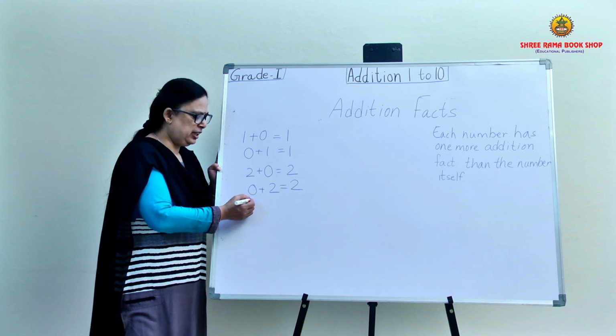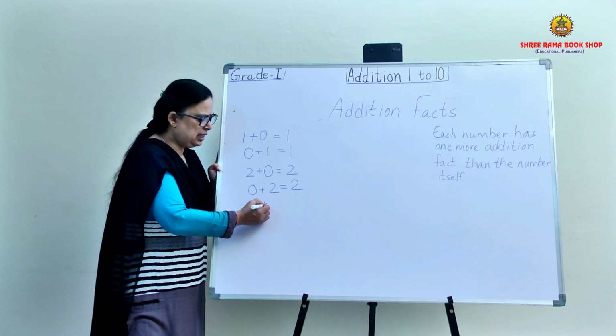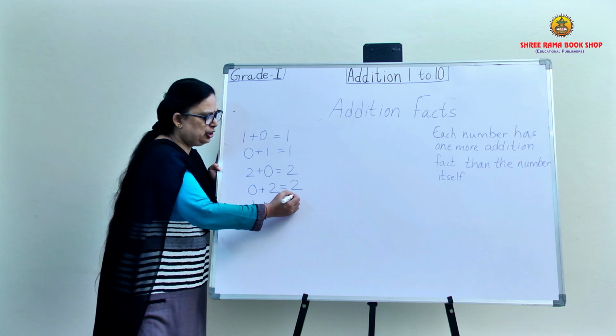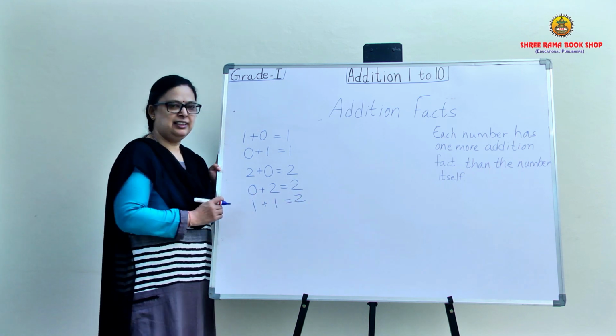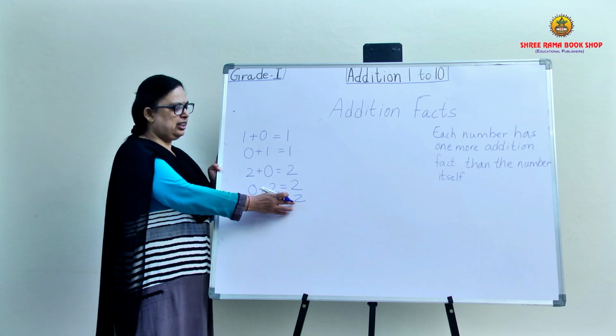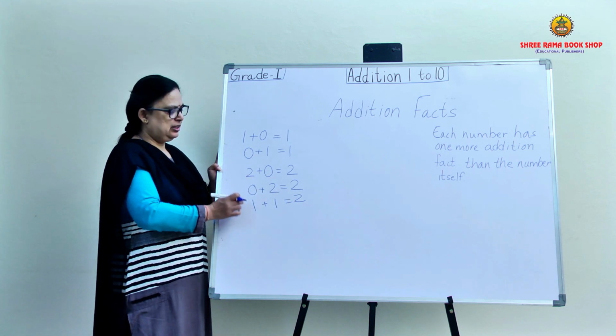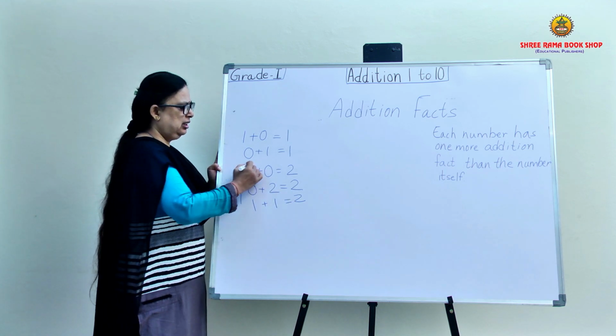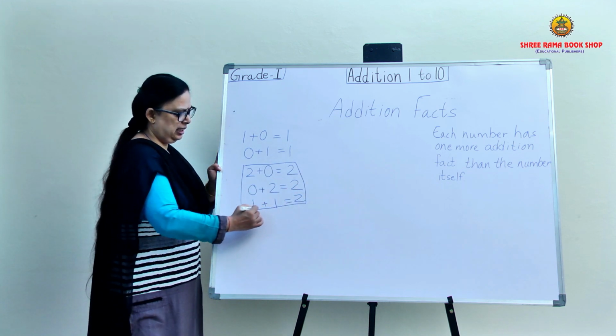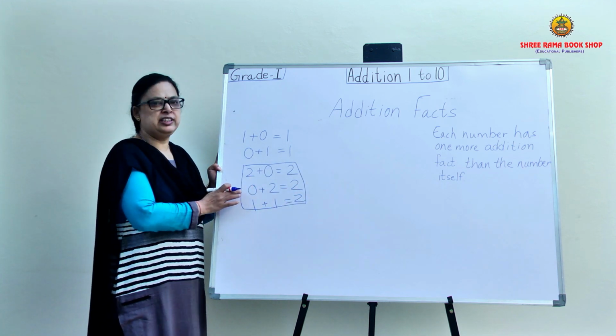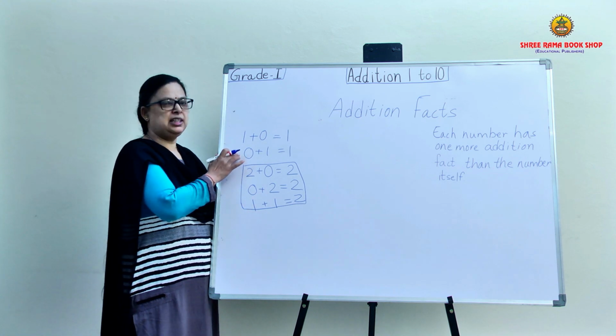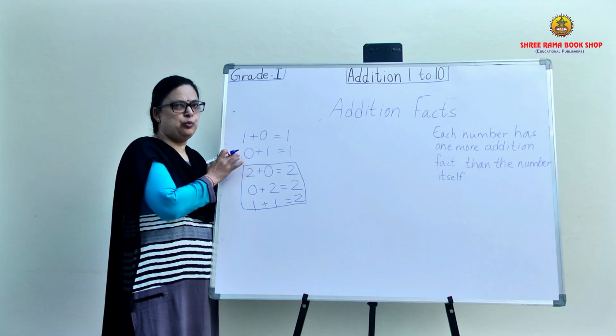Now to get this, we can also do this. 1 plus 1, how much? 2 again. Yes? So you are getting the answer or the digit as 2. So these are called the additional facts of digit 2. The same way, these are the additional facts of the digit 1.